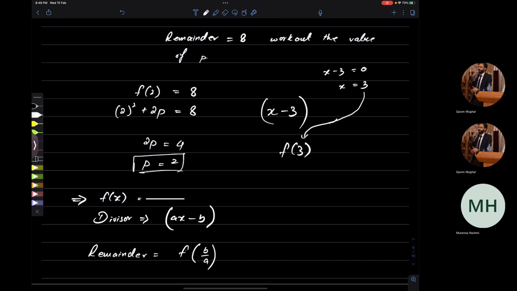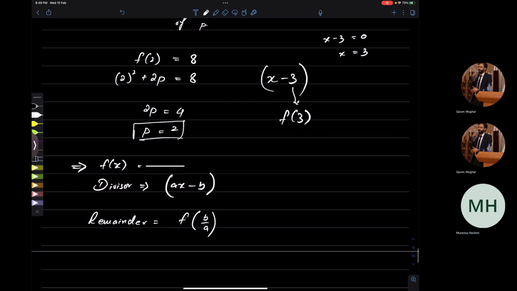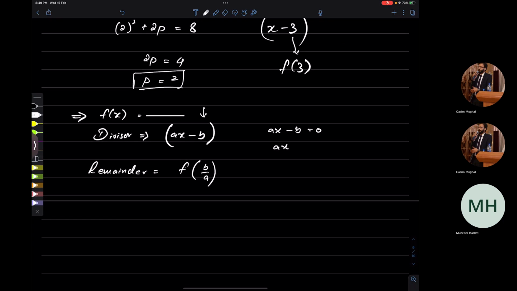The shortcut we normally tell you is to change the sign and plug it in. Now apply the behind-the-scenes method to this one and make x the subject. Ax minus b equals 0. So if I want to work out x, that's going to be b over a. That's why I'm plugging it into the function.